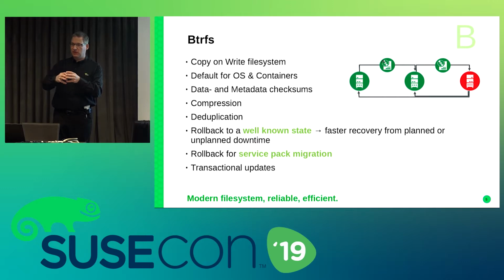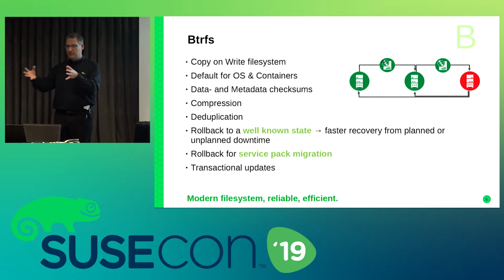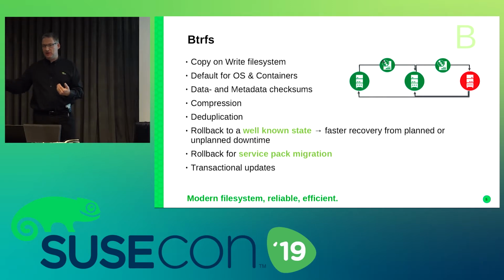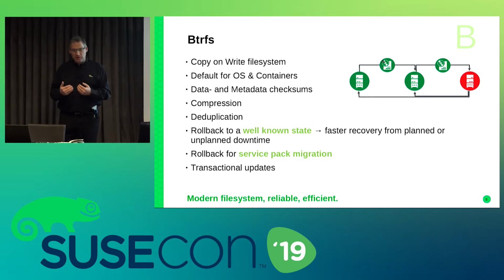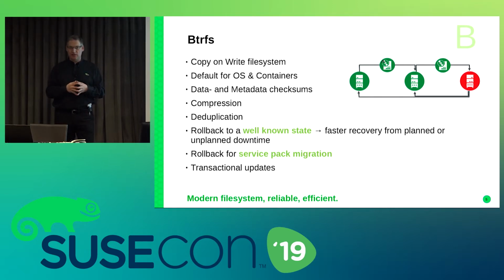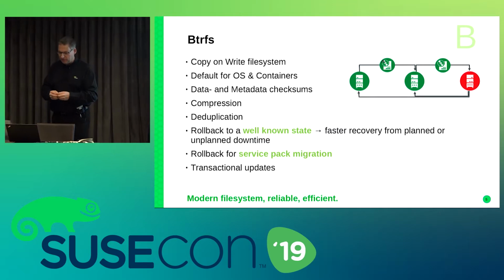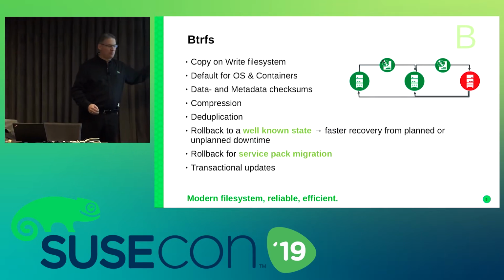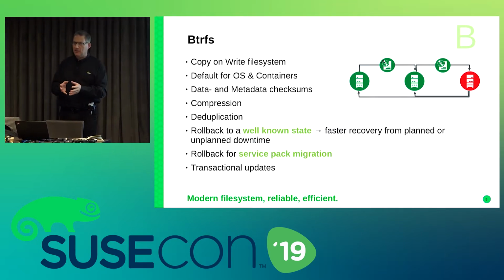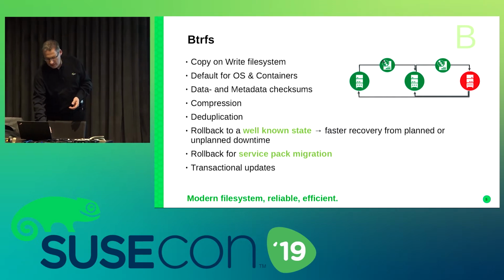Combined with the functionality to jump a service pack, if this jump would fail, hopefully not, you could jump back and have your old kernel and old configuration, and go on from there. So it's a modern file system. It's reliable, with reliability features that other file systems do not have, and it is also very efficient. Compression is one thing, but so-called tail packing for small files is another.